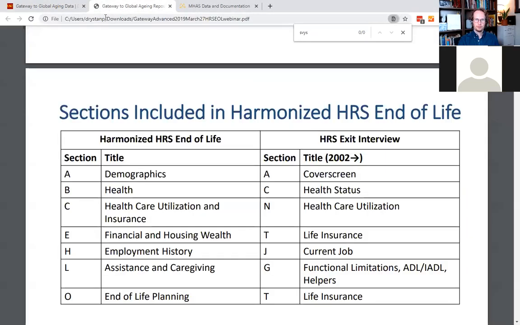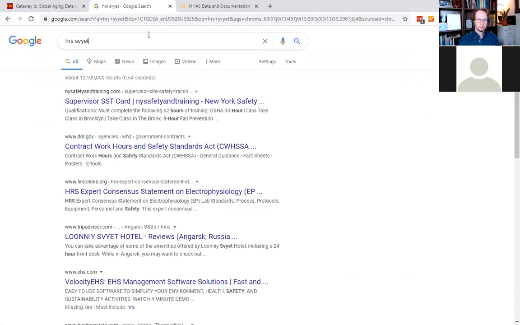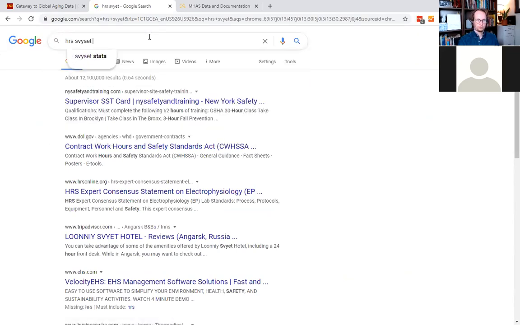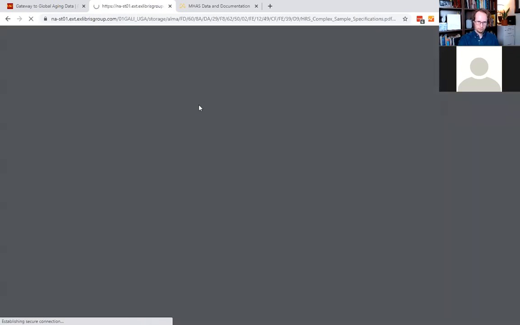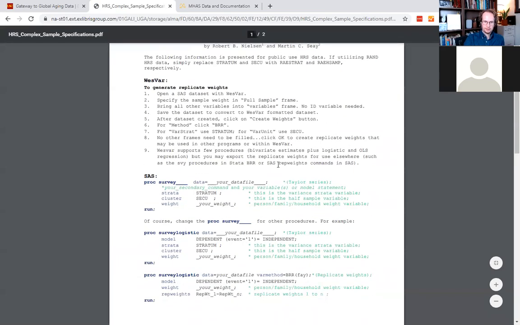Yeah, they have this nice paper that the HRS team has come out with about using the complex sample specification for SAS, Stata, and WesVar.